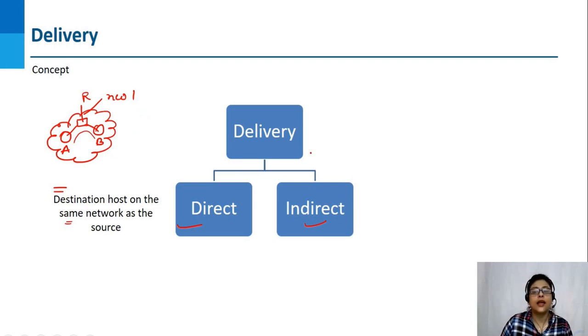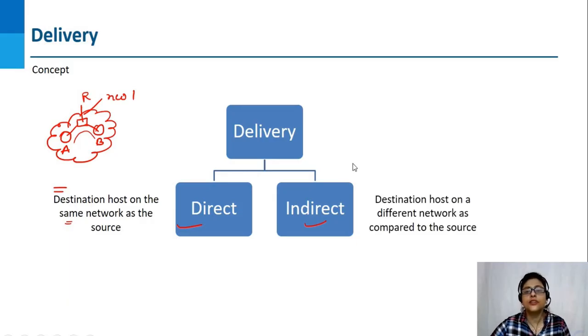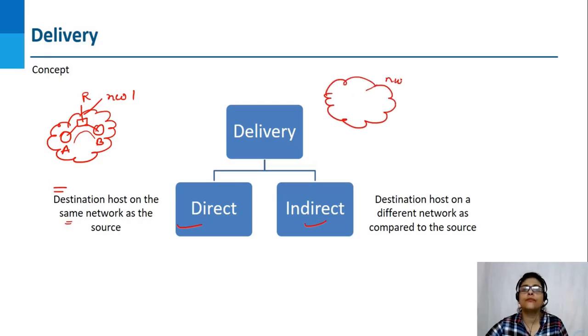Now, for indirect delivery, the destination host may be on a different network as compared to the source host. Let's say we have network 1 and another network 2. There is a source host A and there is a destination host B. Let's say we have a router here, R1.